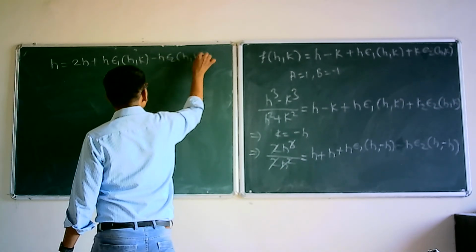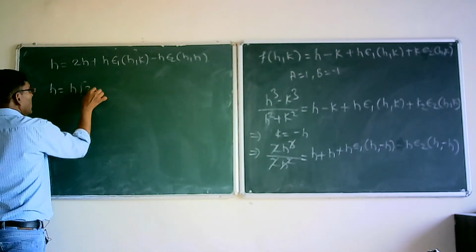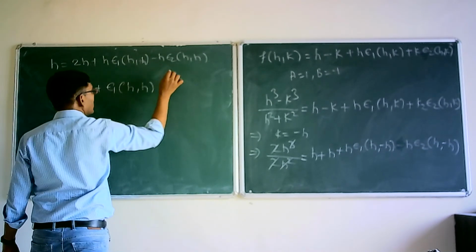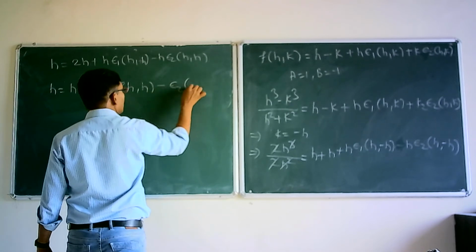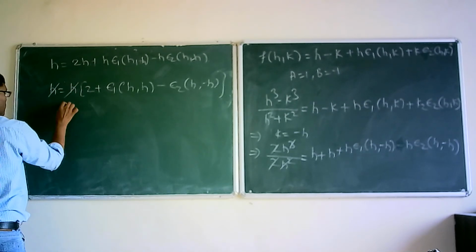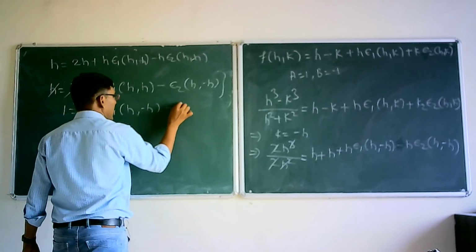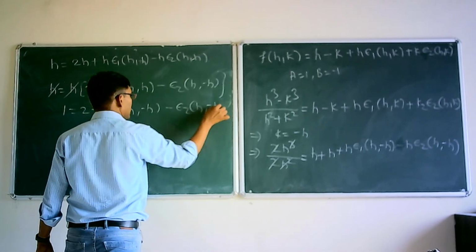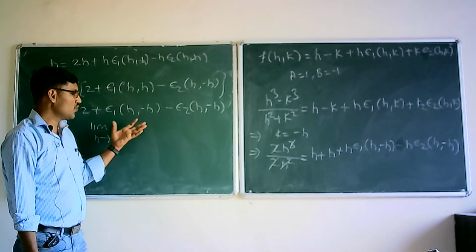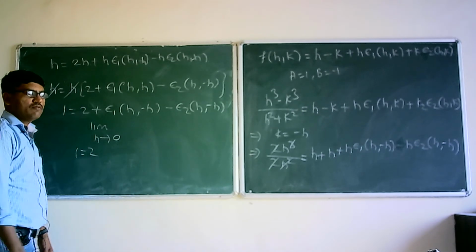If you take h outside from the right hand side, we will get h is equal to h times (2 plus epsilon 1 minus epsilon 2). So this h gets cancelled, and 1 is equal to 2 plus epsilon 1 minus epsilon 2. If you take the limit h tends to 0, epsilon 1 tends to 0 and epsilon 2 tends to 0. So this implies 1 is equal to 2, which is not possible.